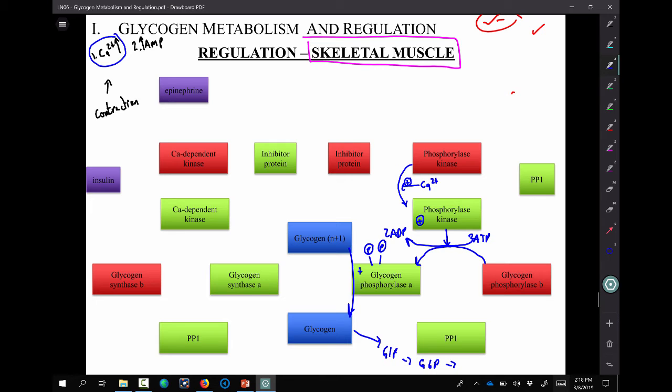Now the other thing that calcium is going to do is this. Calcium is going to activate, oddly enough, this protein called calcium-dependent kinase.